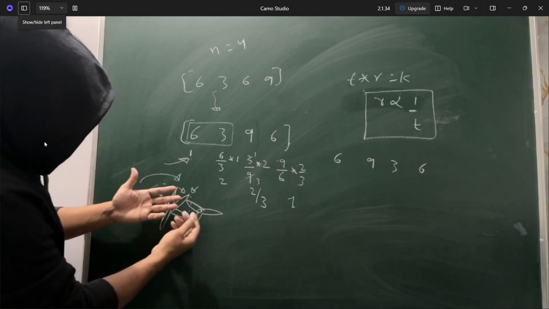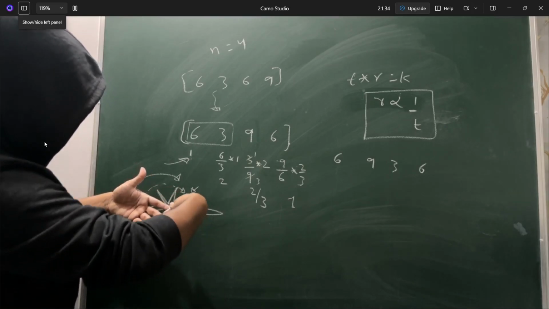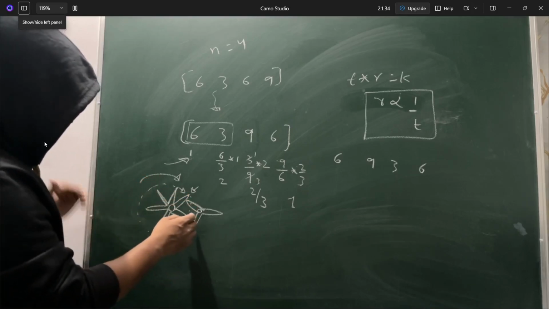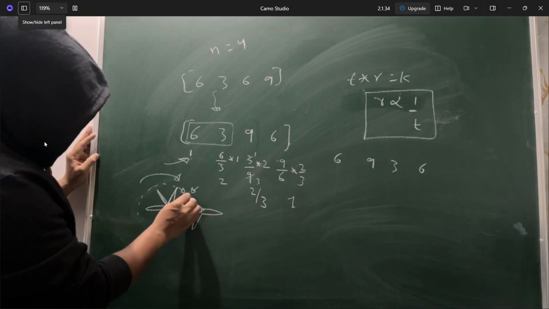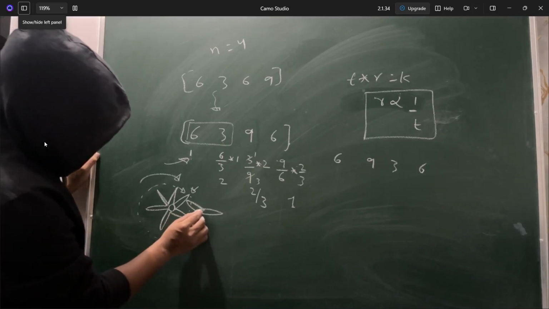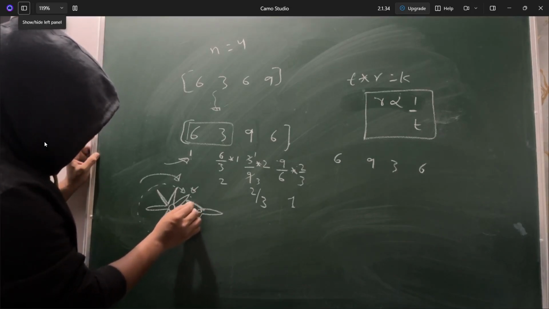Now since both are rotating, this will be connected 6 times, which means you have only 3 teeth, and this will be connected to the 6th tooth when it is coming here. So in order to connect 6 teeth, this will be rotating 2 times.